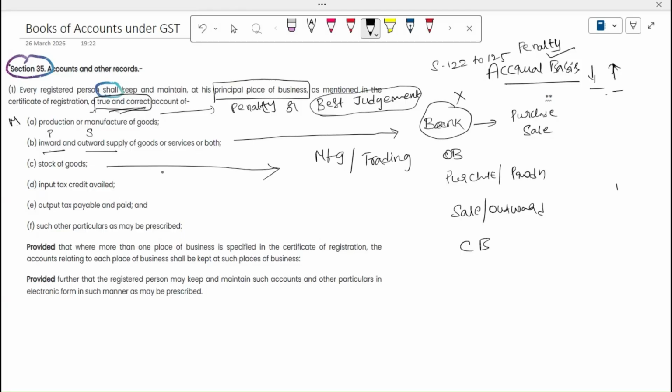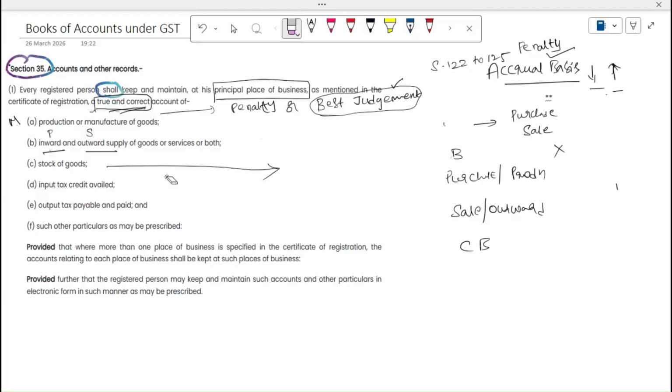This is the basic expectation with respect to inventory. If this information is not available, again, the officer can apply his judgment, called best judgment, for ascertaining the taxes to be paid. So this is his next complaint with respect to books of accounts. Manufacturing or trading, you need to maintain the inventory records.